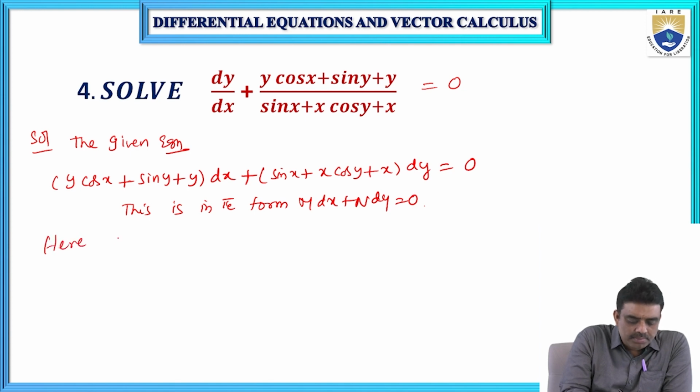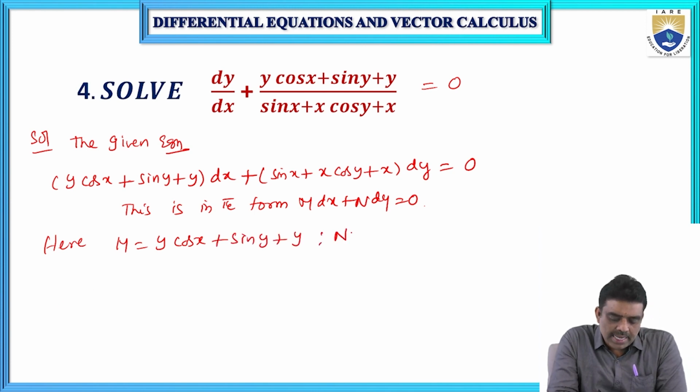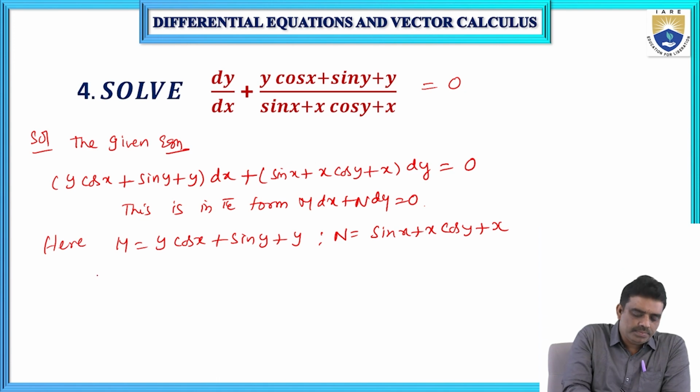Here what is M? Here M is y cos x plus sin y plus y. And N is equal to sin x plus x cos y plus x.